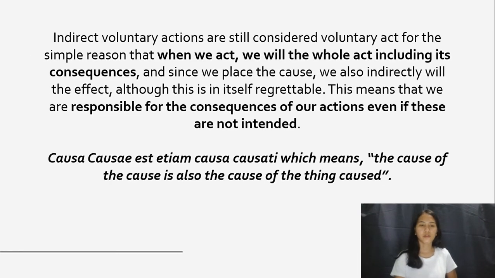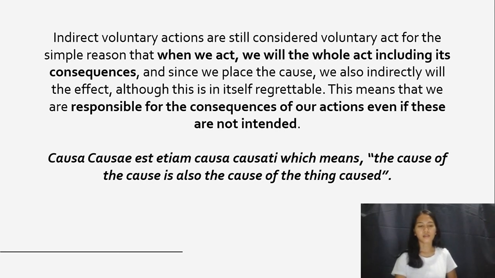So indirect voluntary actions are still considered voluntary acts for the simple reason that when we act, we will the whole act including its consequences. And since we place the cause, we also indirectly will the effect, although this is in itself regrettable. This means that we are responsible for the consequences of our actions even if these are not intended.